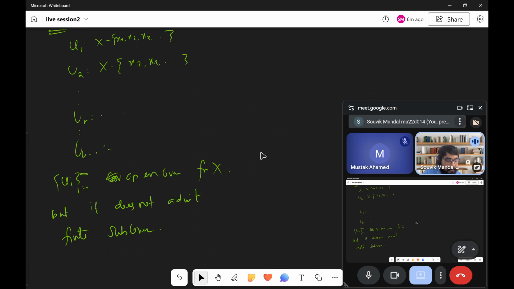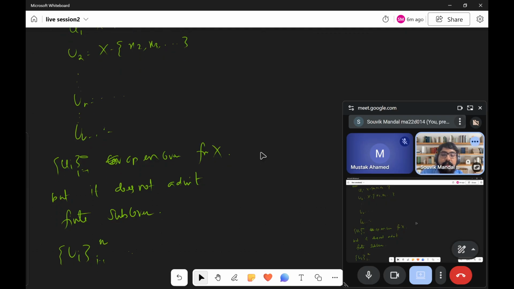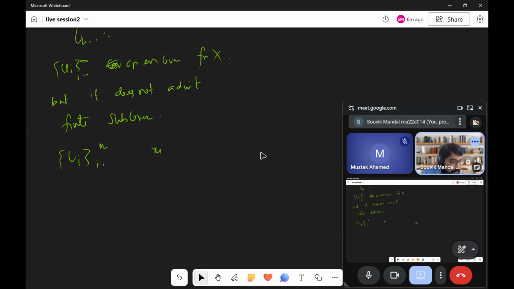Why? Because if this collection u_i is finite, say up to n, then some x_i does not belong to this union, which is a contradiction because X must contain x, right?